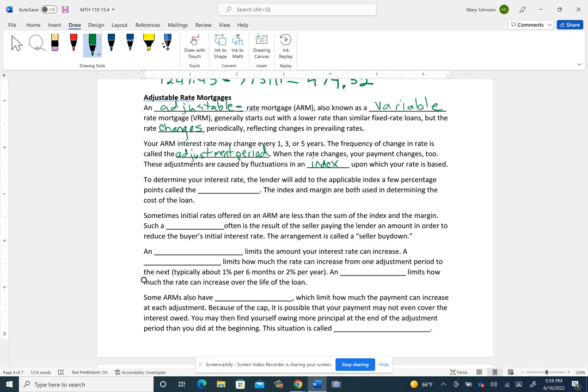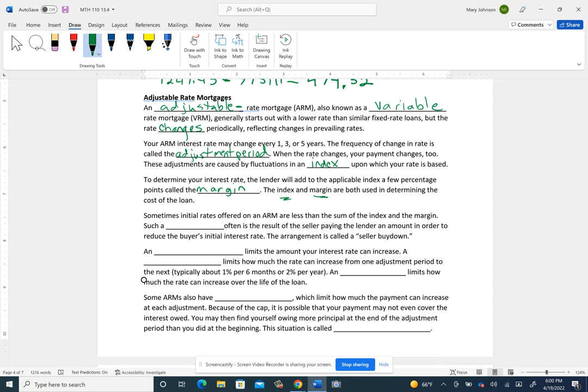All right, so to determine your interest rate with an adjustable rate, what happens is the lender is going to take this index, this base rate, and they're going to add some percentage points to it. And what they add to it is called the margin. So the index and the margin are then used to come up with what your interest rate is overall.